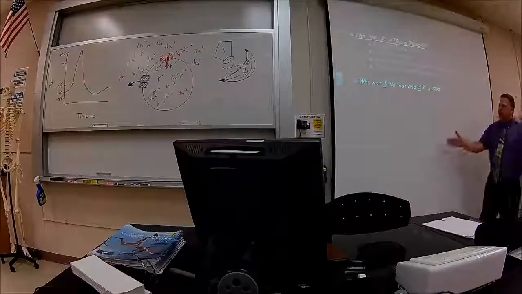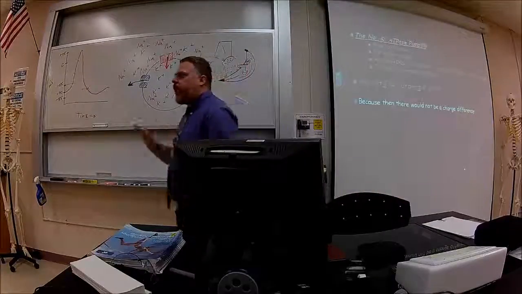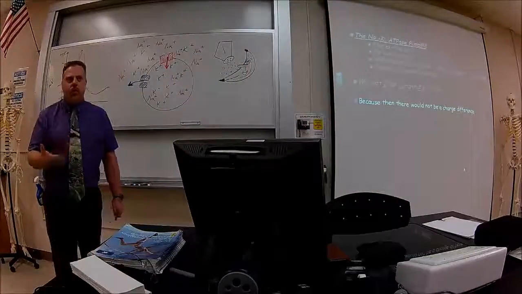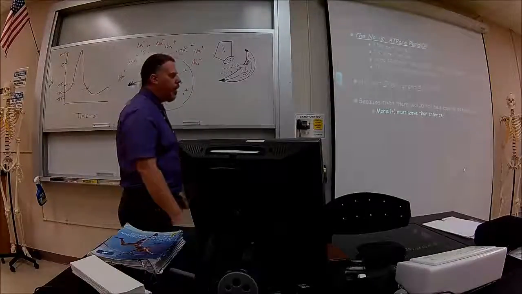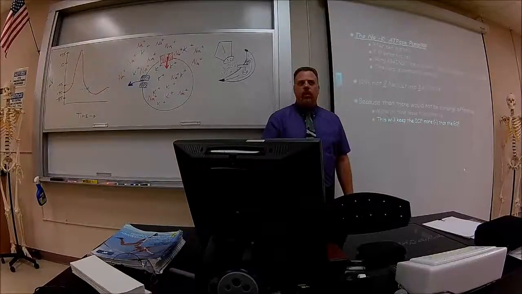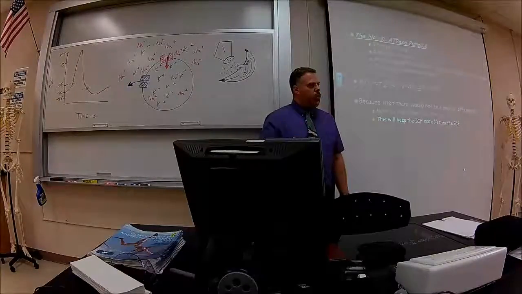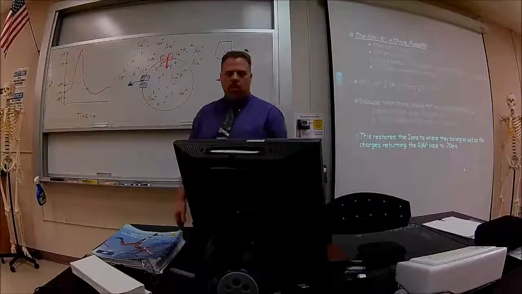Okay? So again, why is it not 3 sodium out and 3 potassium in? It's because you need that charge difference. If you do that, it's just going to be equal. And that's not what we want. So we need to have more positive leave the cell than we do entering the cell to keep it negative. Okay?